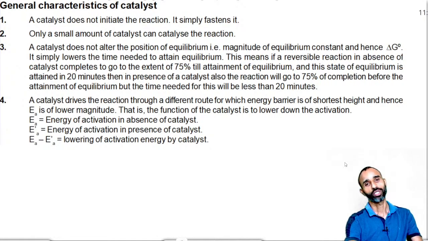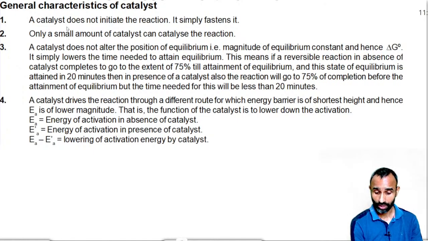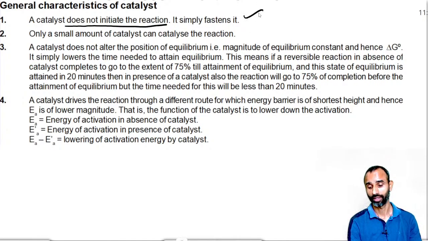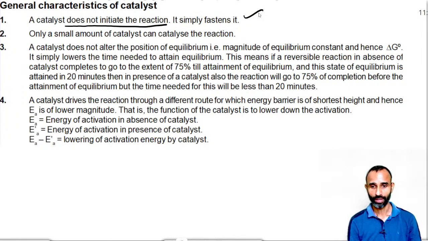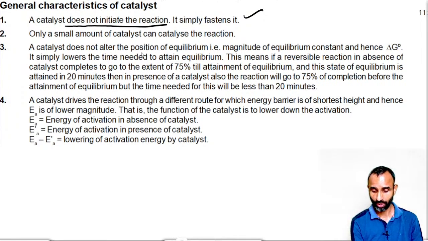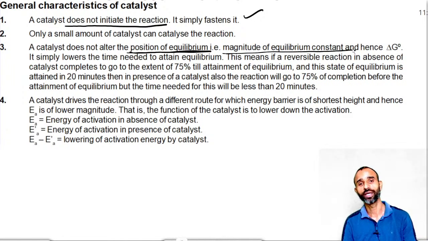Only a small amount of catalyst is required, but this is very important: a catalyst does not initiate the reaction, it only speeds up the already moving reaction, and a catalyst does not alter even the position of the equilibrium. The magnitude of the equilibrium constant is not changed by the catalyst, but it speeds up the attainment of equilibrium.